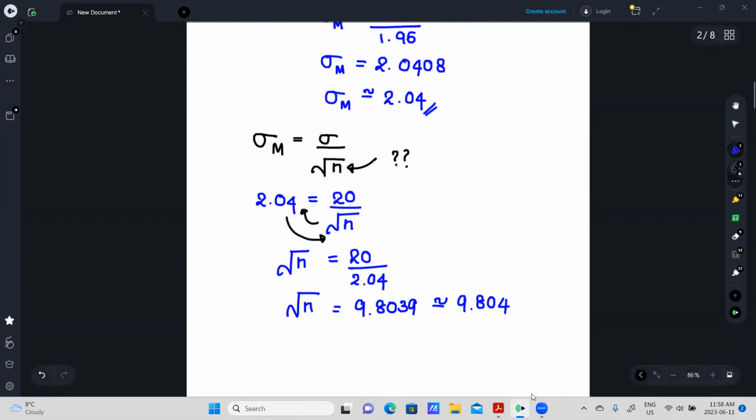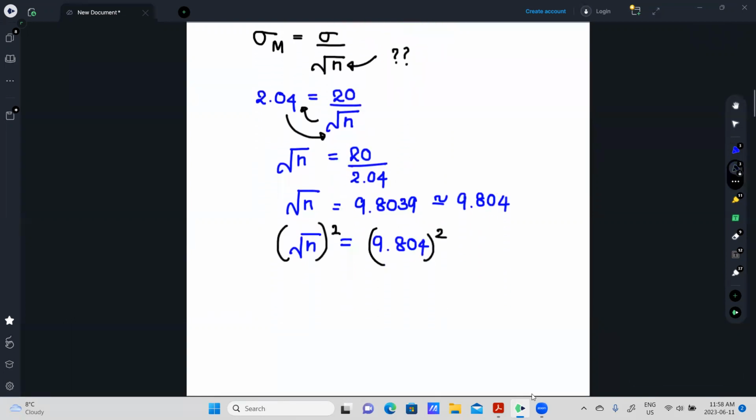Then I need to find the value of n, not the square root of n. So if you have the square root of n equal to 9.804, you can square both sides. The squared value of square root of n becomes n, and 9.804 squared is equal to 96.11.